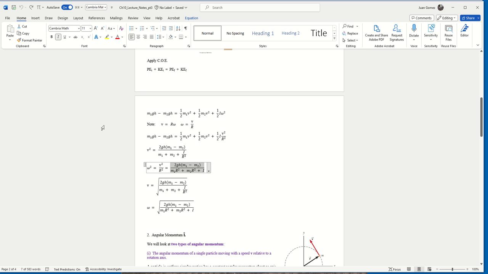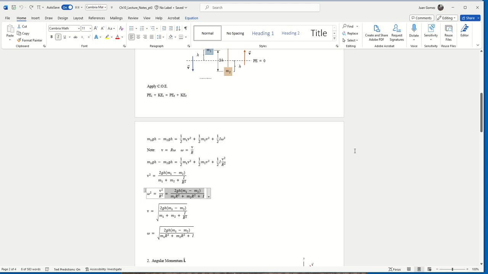You can stop with v squared or omega squared. If this is v squared, then for v, just put it under the radical. If this is omega squared, then what's omega? Just take that expression in the gray shaded area and put it under the radical.